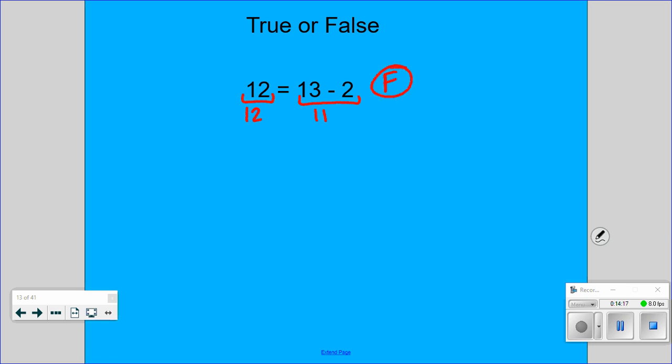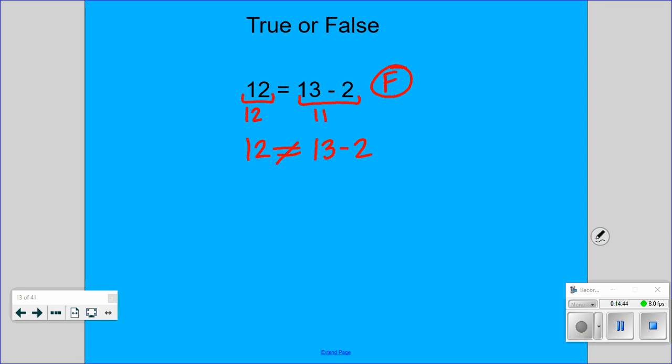Can you make it true? Yeah. How could I change out that symbol? I'm not going to use an equal sign. I'm going to use a different symbol. What symbol could I use? Devin? Yep, I could write 12 is unequal to 13 minus 2. What's a better symbol I could put in there?